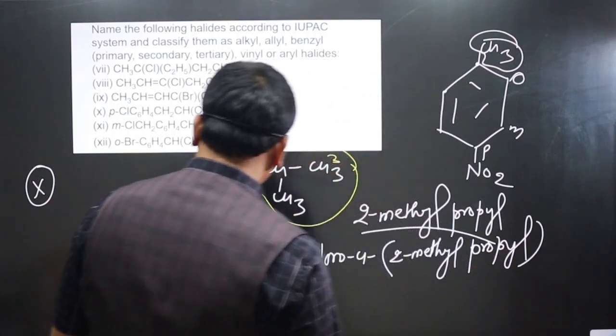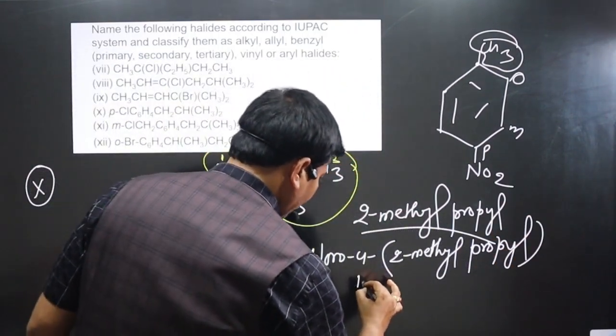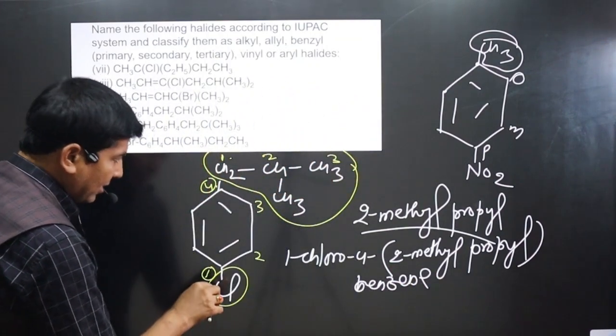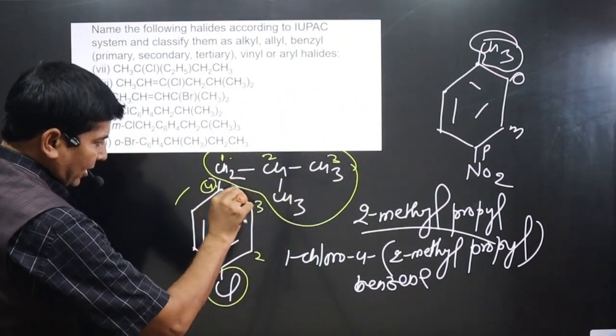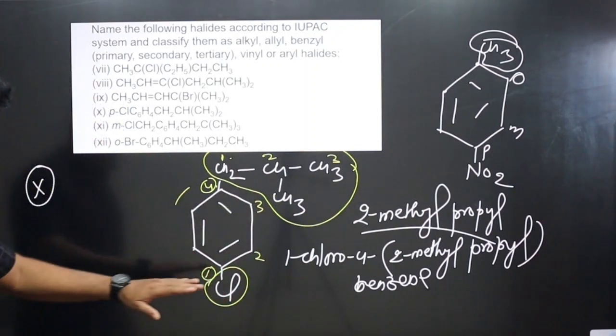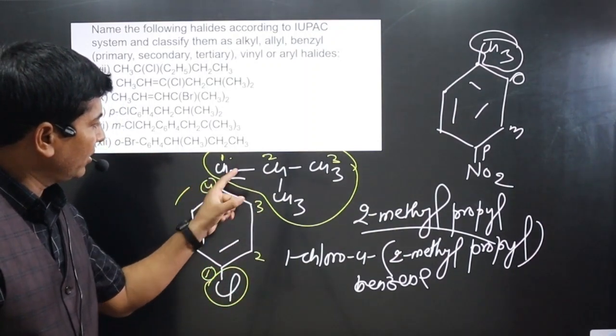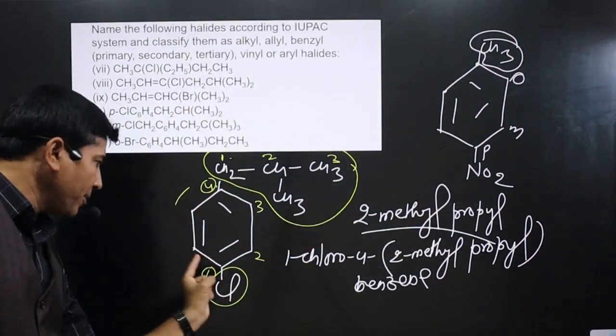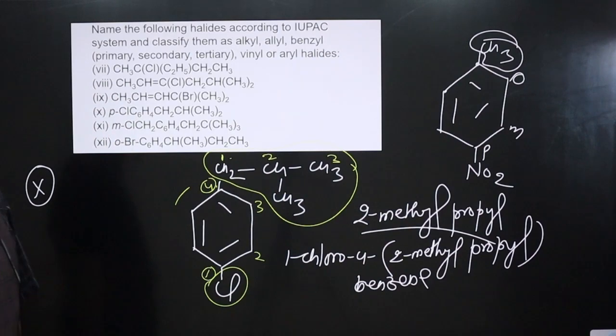Branching is done, and the main parent chain is benzene. First I named this, then this portion, and in the last, this is the parent chain. So 1 chloro and 4, and this entire portion is 2 methyl propyl, and then we have the parent chain benzene.